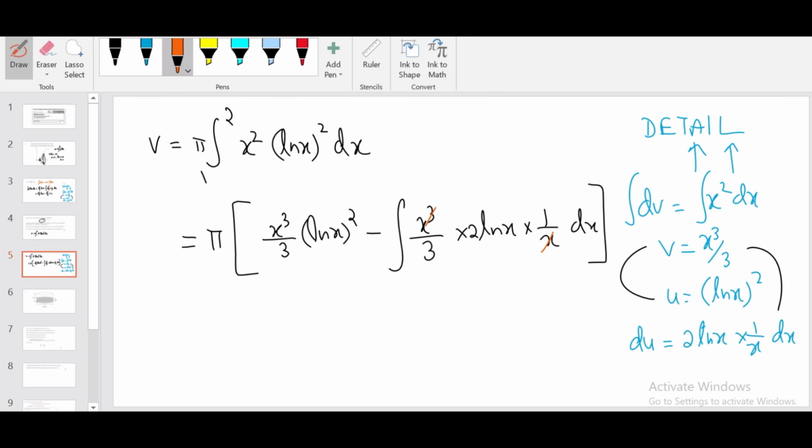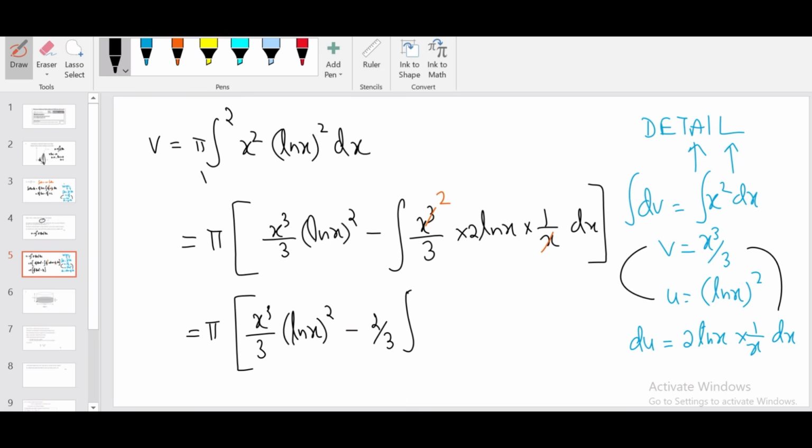When you cancel this, it becomes x squared. So it's basically pi. Don't worry about the limits, we'll sub in the limits at the end. x cubed by 3 ln x whole squared minus, if you take 2 over 3 as a constant outside, you get the integral of x squared ln x dx.